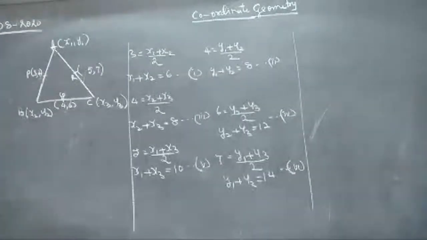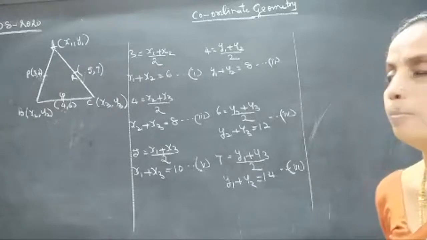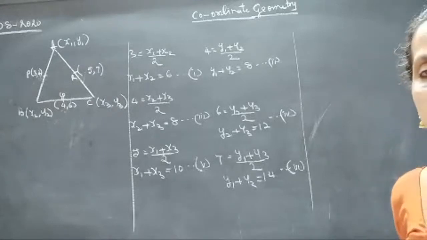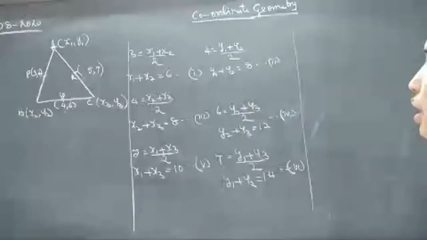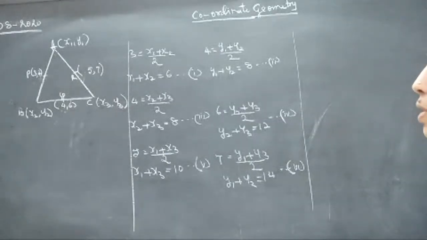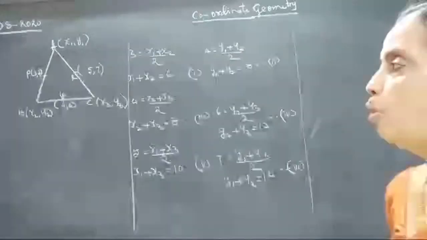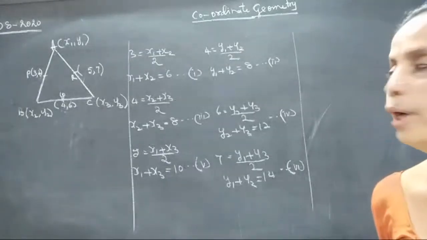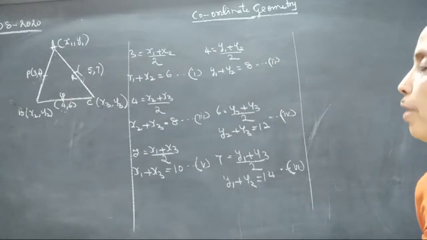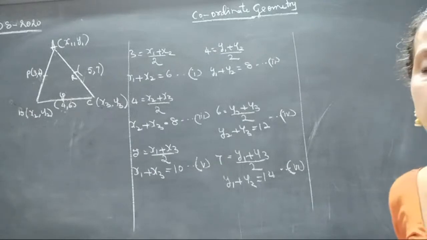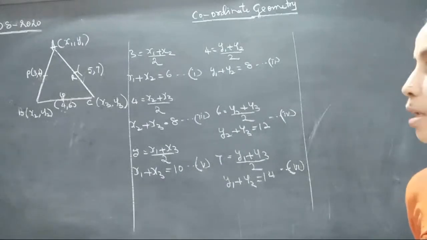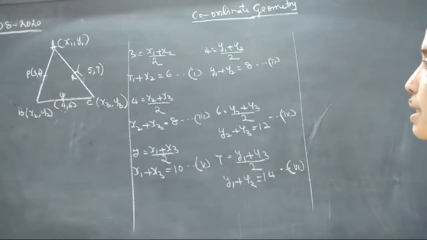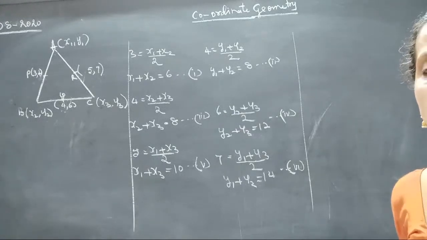That is, (3, 4) is the midpoint of AB. Applying the midpoint formula, we got the first equation and second equation. Similarly, Q (4, 6) is the midpoint of BC, so we got the third and fourth equation, and R (5, 7) is the midpoint of AC, so we got the fifth and sixth.